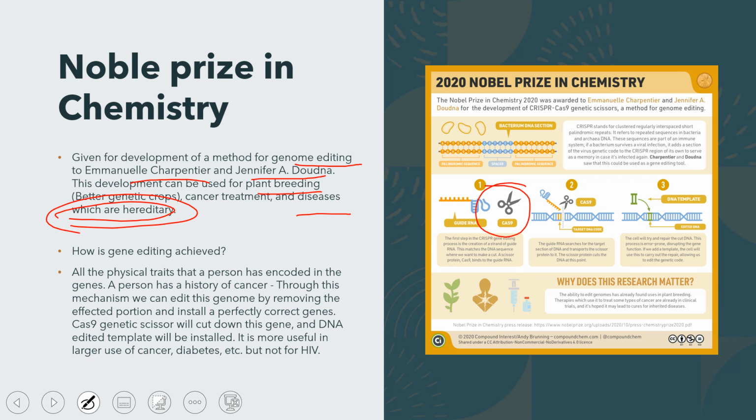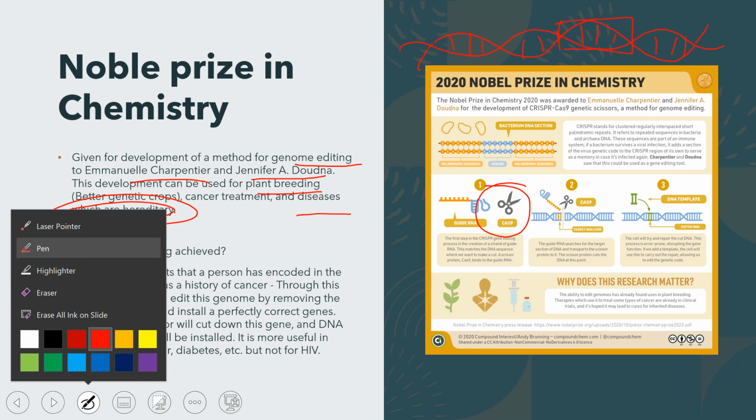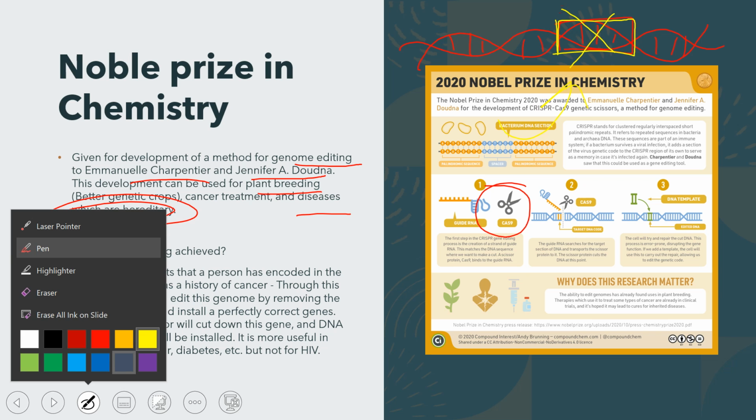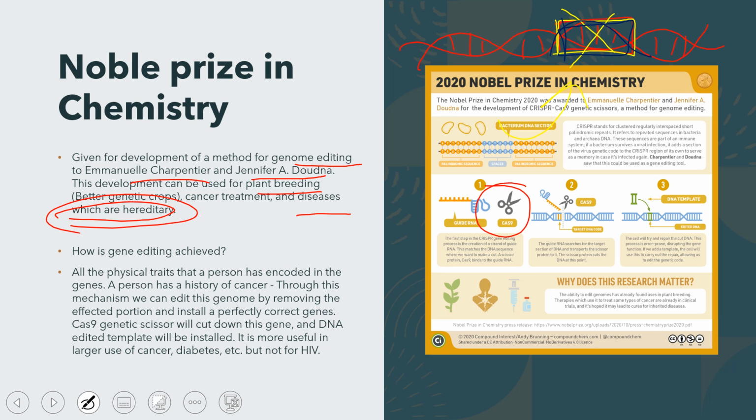If this is your gene, and this part is seen as the infected one, then through Cas9 we can cut it out and implant a good gene which does not have that characteristic, and we can install that new gene in the place of the old gene. Ultimately the gene decoding will be done.